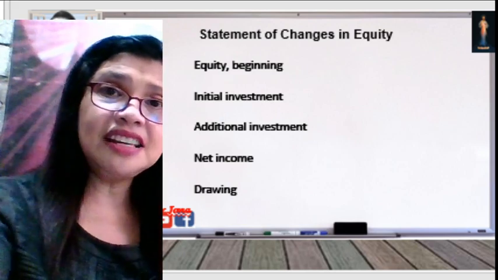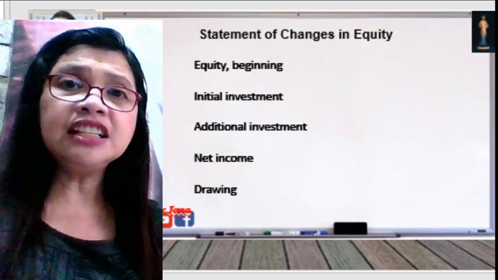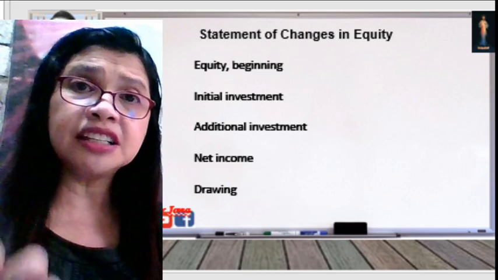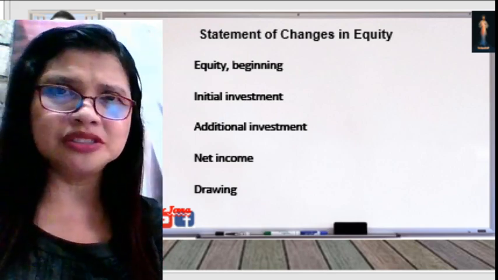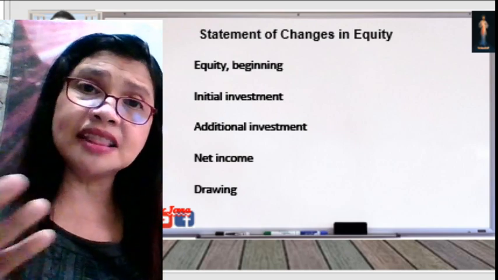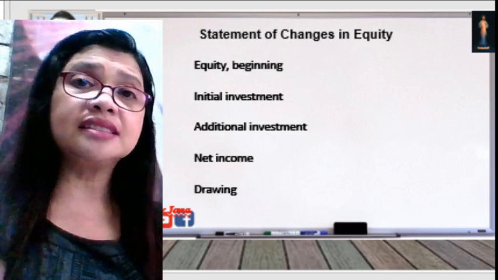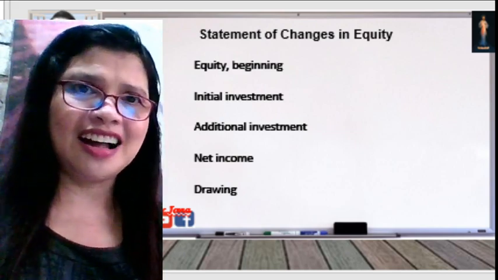Now here, it appears in the statement of changes in equity as an addition to your equity account. However, if there is a net loss, you deduct the net loss from your equity account.